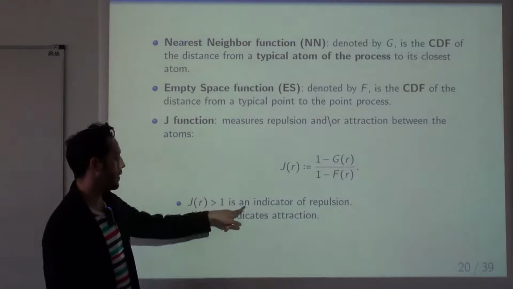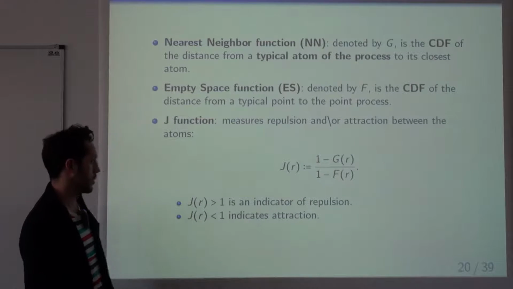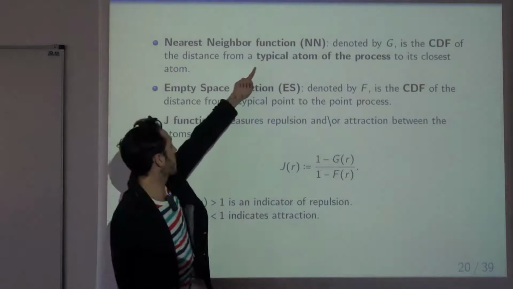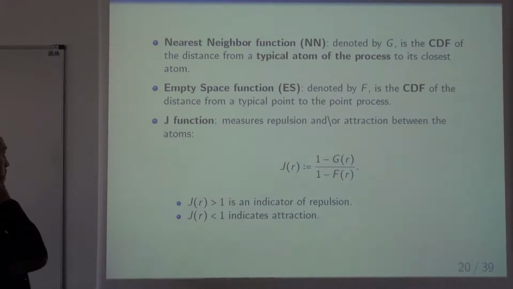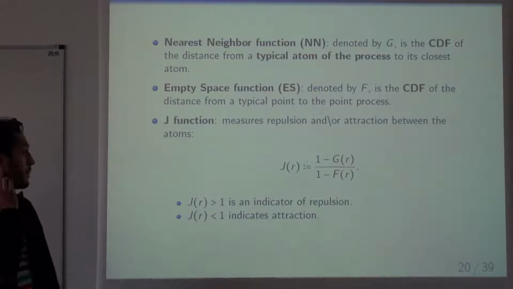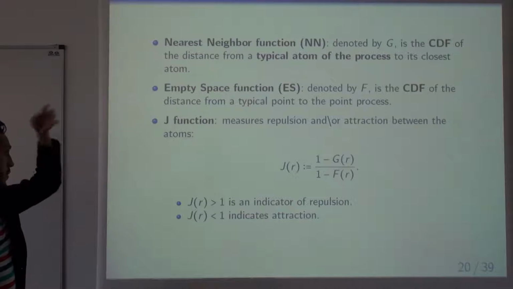If it's bigger than 1, it's an indicator of repulsion. If it's smaller than 1, it indicates attraction. I remark this because the nearest neighbor function is the distribution function of the distance from a typical atom of the process.